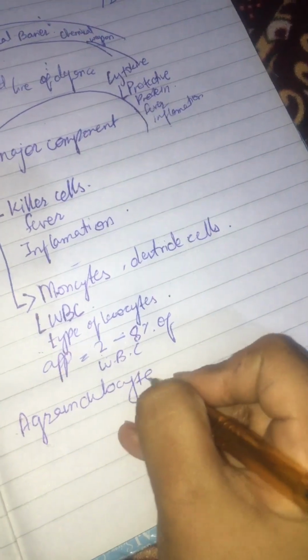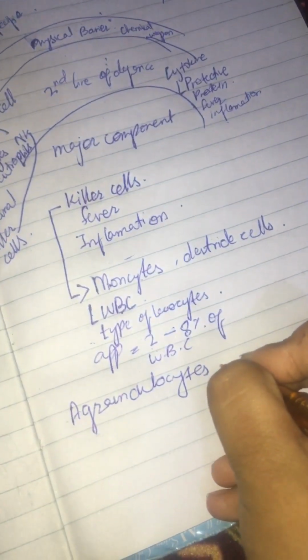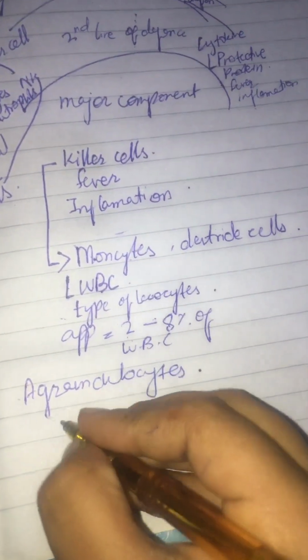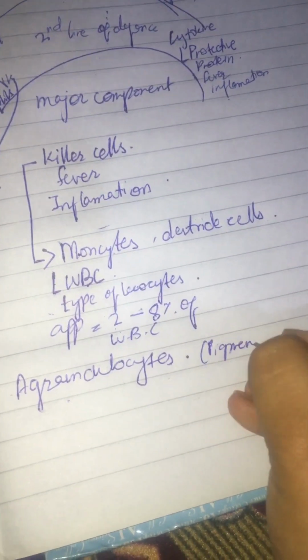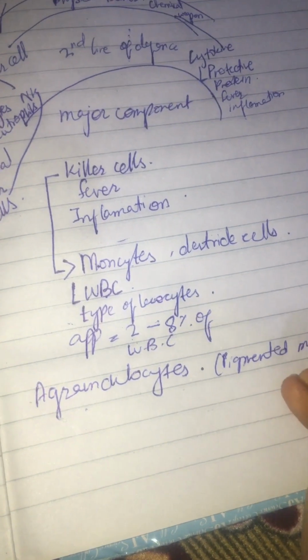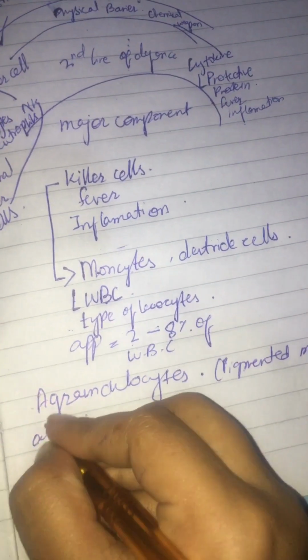Agranulocytes: these are like pigmented molecules, and they are absent in the nucleus.